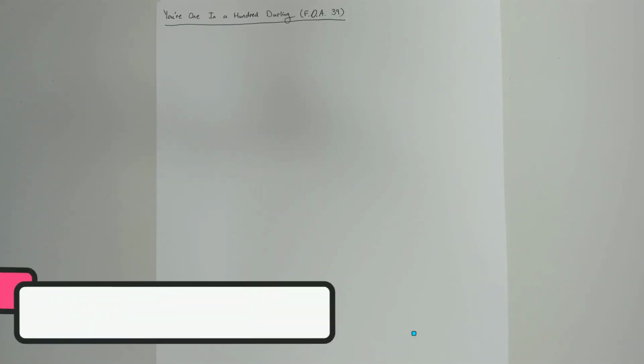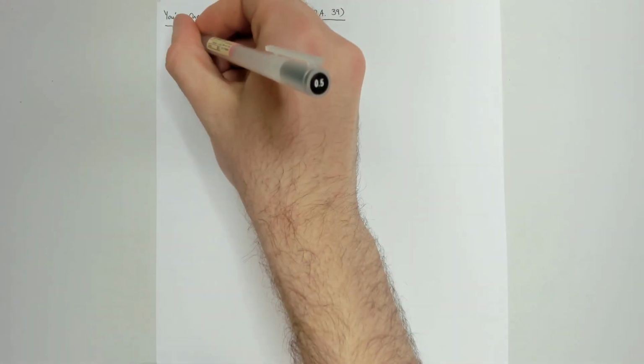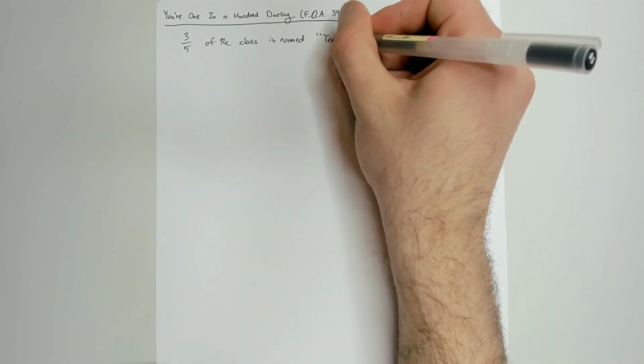So we know that a proportion tells us basically how much of a total has a certain property. For example, we could say that 3/5 of the class is named Terry. That means that out of this whole class, 3/5 of them are named Terry. So it tells us what piece of the class has this property of being named Terry, right?